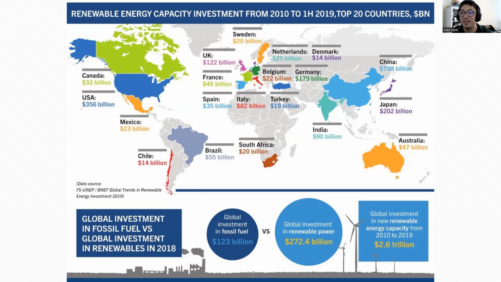Today that trend continues, with fossil fuels going down and renewables going up. This can give you some sense of scale in terms of the spending over the last decade or so across these different countries. The US is up there, I think only surpassed by China, which has really ramped up its renewable investments over the last decade or so.